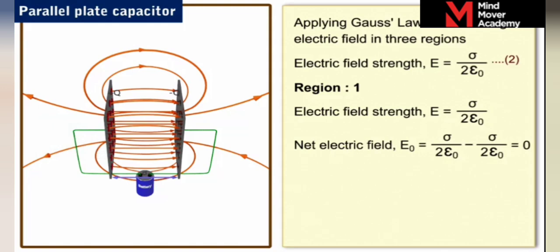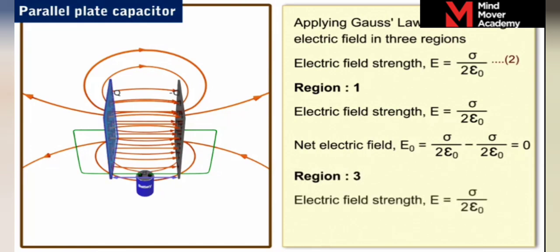Now, let us look at region 3. In region 3, we see that due to the positive plate of the capacitor, the electric field strength E is equal to sigma by 2 epsilon naught and directed away from the positive plate and towards the right.